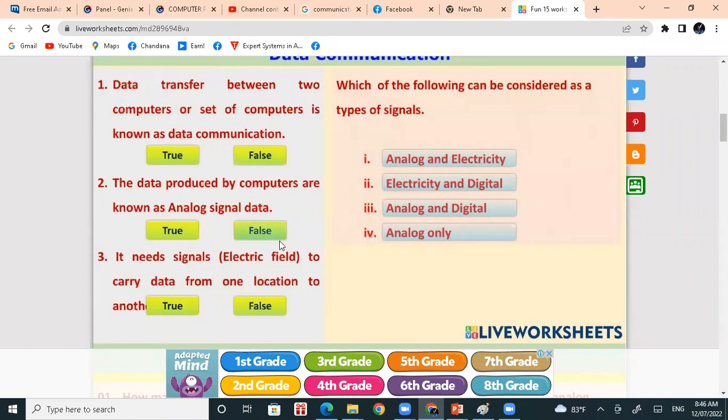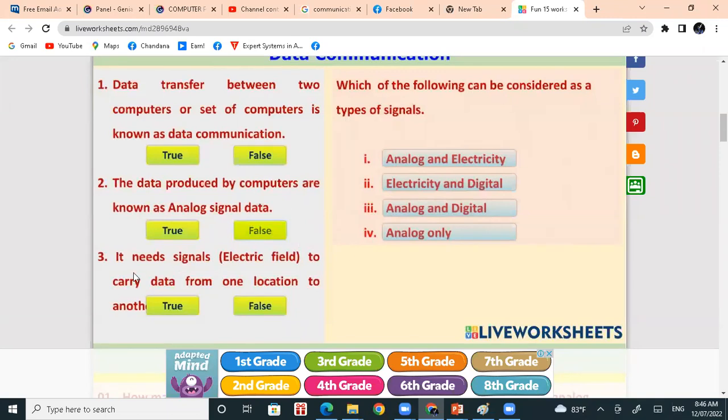Two students replied, and there are 54 students. Yes, the statement is false. The signals produced by computers are known as digital. Analog signals are produced by humans. Therefore, the statement is false.